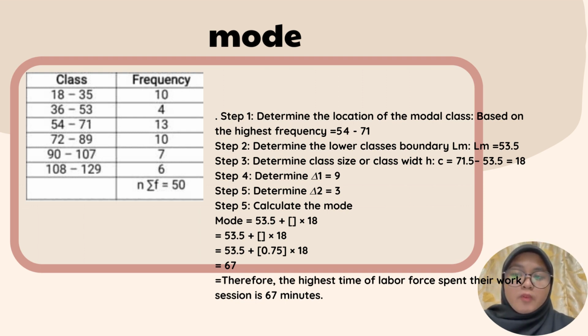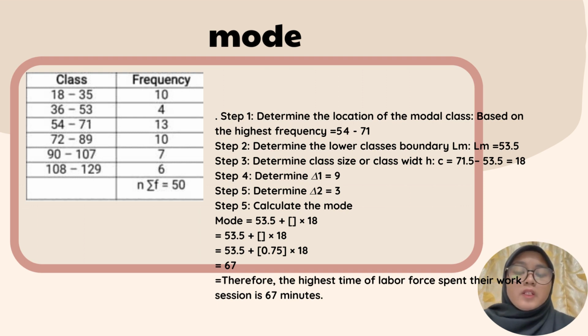Second step is to determine the lower class boundary, LM equal 53.5. Step 3, determine the class size or class width, equal 71.5 minus 53.5 equal 18. Delta 1 equal 9.